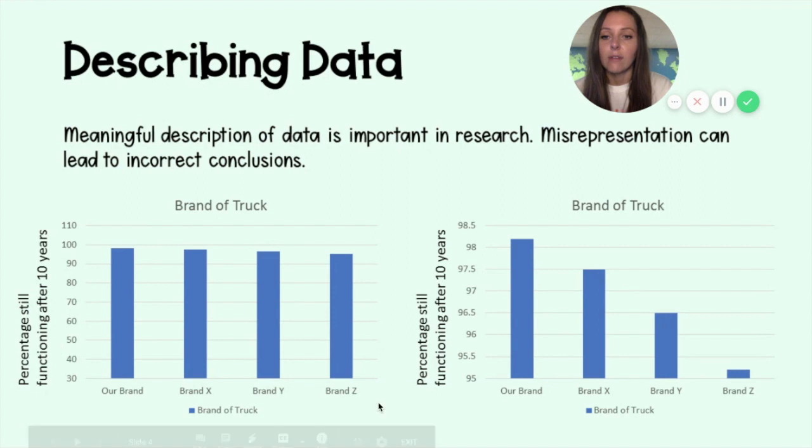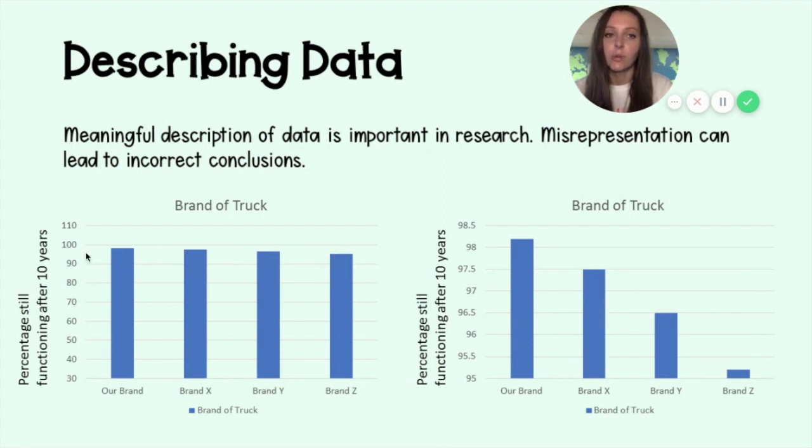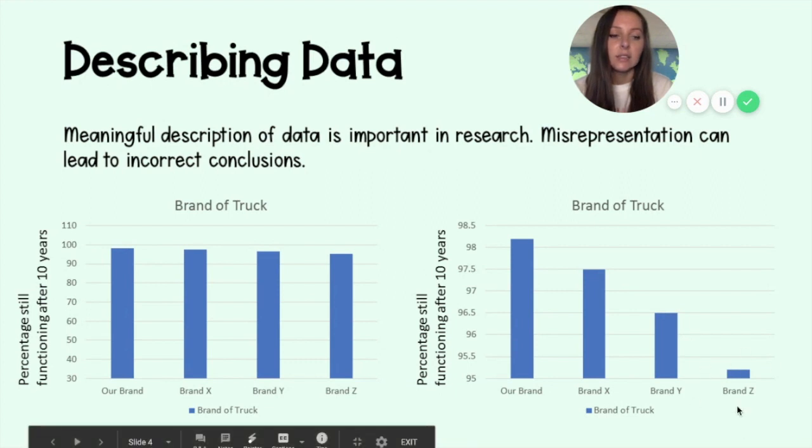Well, if you look at the graph on the left, it looks like all of the brands are pretty equal. You have brand Z that's a little bit lower than the other brands, but it looks like they're all pretty equivalent. However, if you look at another graph measuring the same thing, it looks like brand Z is not doing very well, and the brand that's advertising this is doing really well.